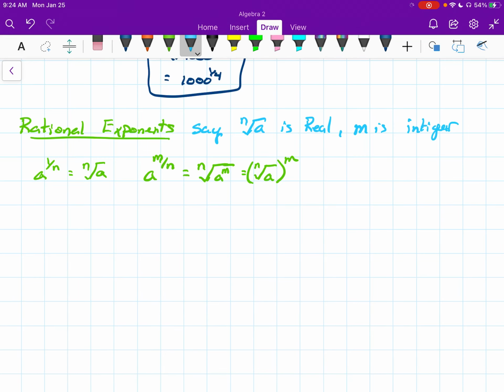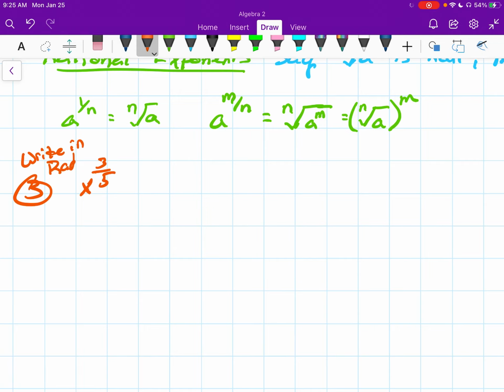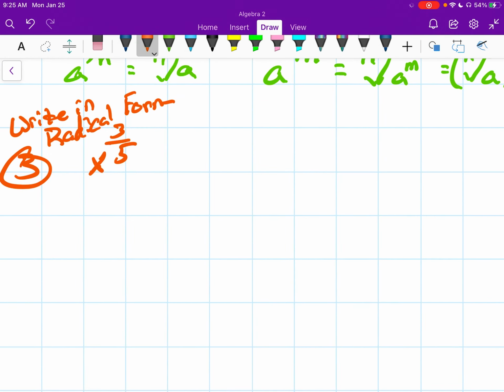So let's look at number 3 here. Number 3, we're going to say we have x to the 3/5. And our directions say write in radical form. So we're supposed to write in radical form. That is really terrible handwriting. That's okay.